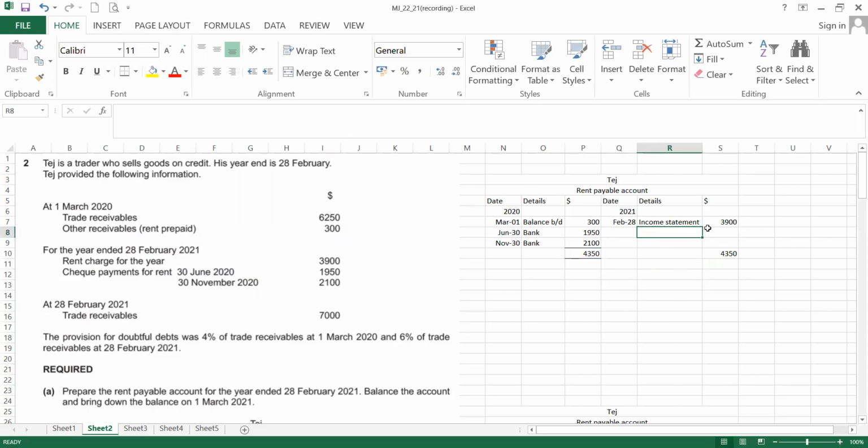So in this case, we have to put in balance carried down. So take this amount minus, so we get 450. So this 450 will bring it to here. And this will be 2021.